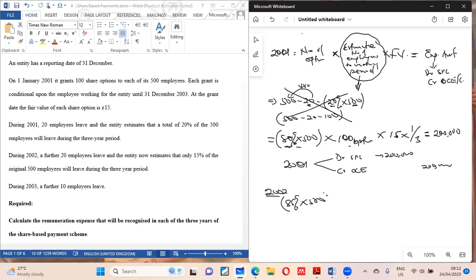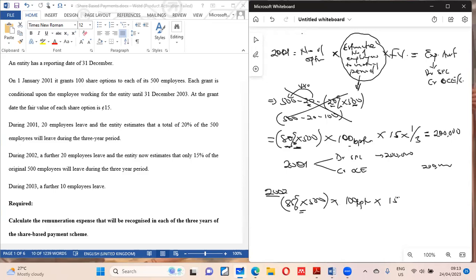of the 500. So this is where the problem is. So it means that you people have to be very careful how you deal with this area. So it will be 85% multiplied by 100 options. And I said that the fair value of an equity-based settlement doesn't change. Do you remember?